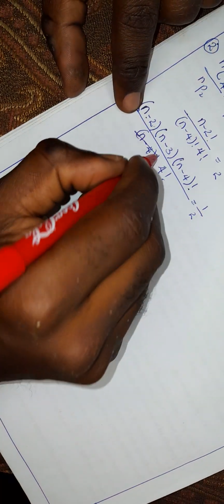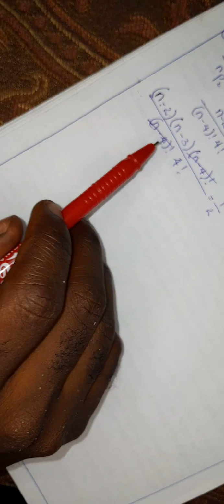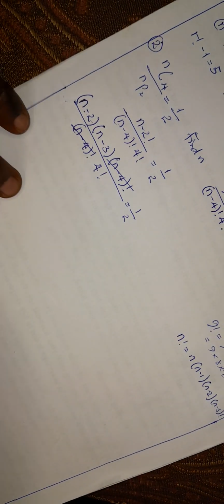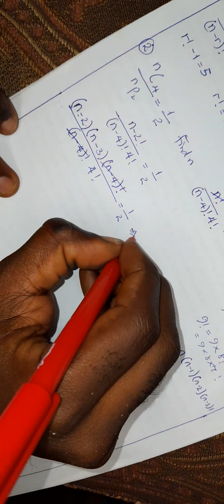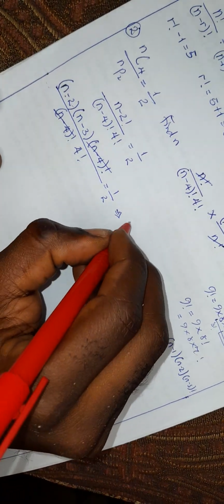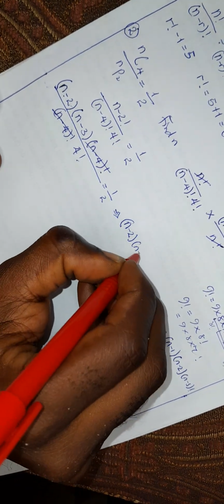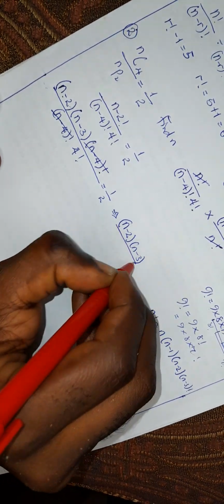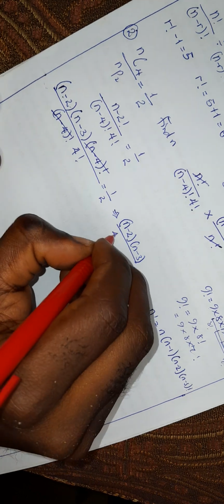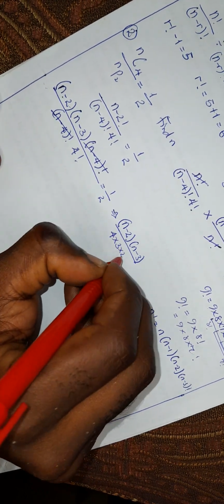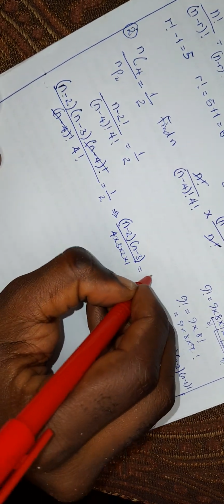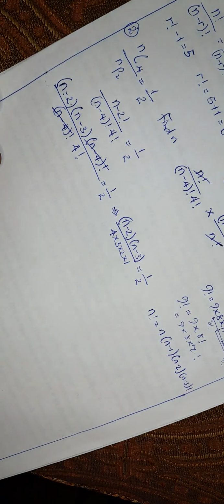So n minus 4 factorial will cancel n minus 4 factorial, and it will be simplified to this step. So what I'm having left is n minus 2, n minus 3 over 4 factorial, which is 4 times 3 times 2 times 1, equals 1 over 2.